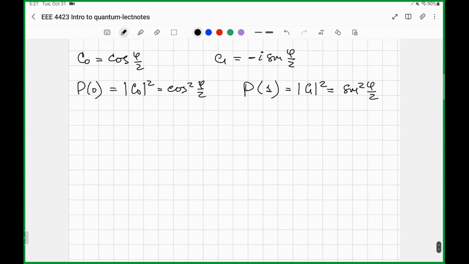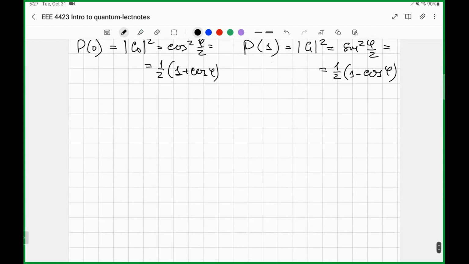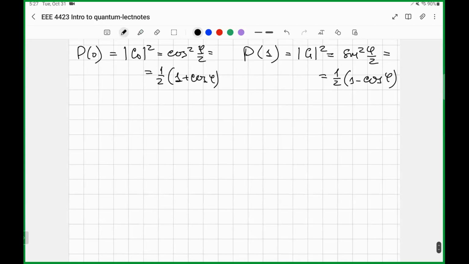Okay. On the other hand, this cosine squared can be rewritten as 1/2 (1 plus cosine phi), and this one is equal to 1/2 (1 minus cosine phi). All right, so these probabilities of finding 0 or 1 depend on the value of the phase gate.